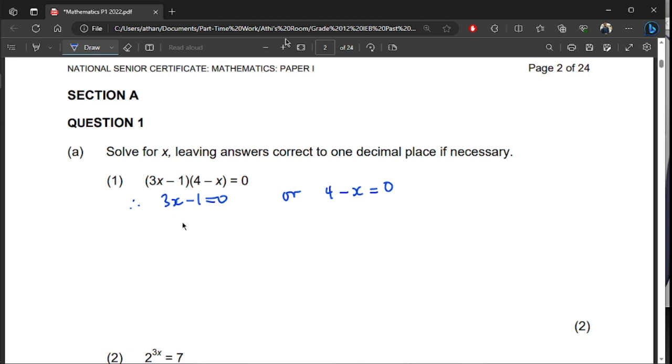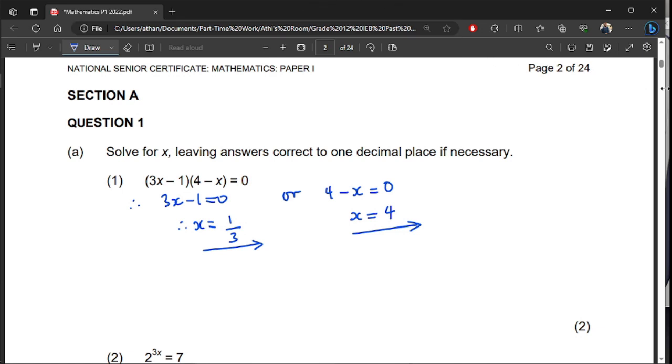Then the value of x, when you transpose the 1 and divide by 3, is 1 over 3, or, when you transpose x to the other side, x is positive 4. These are the values of x that we got, and that question was 2 marks.